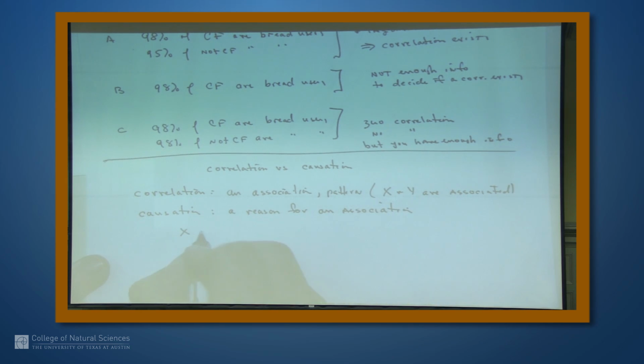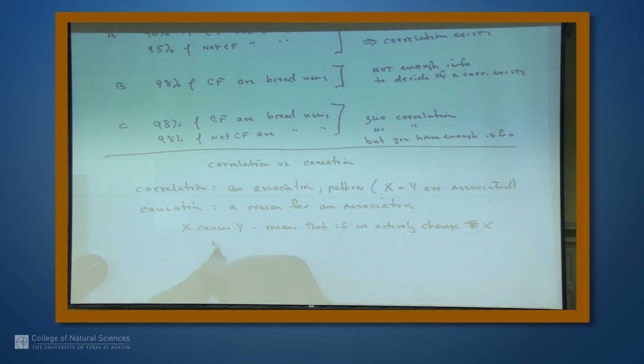If we say X causes Y, it means that if we actively change X, the outcome Y, whatever it is, will change.